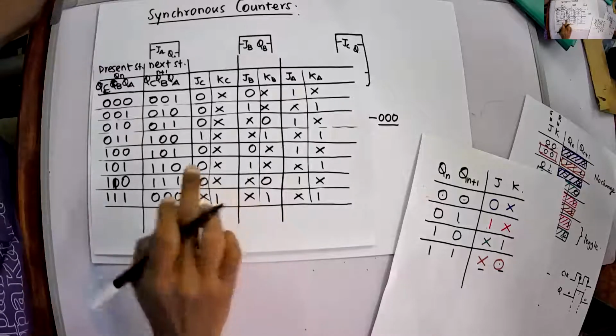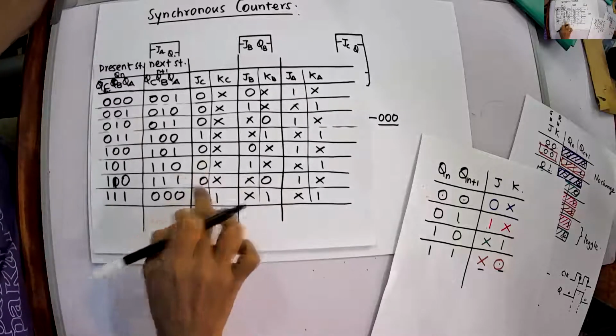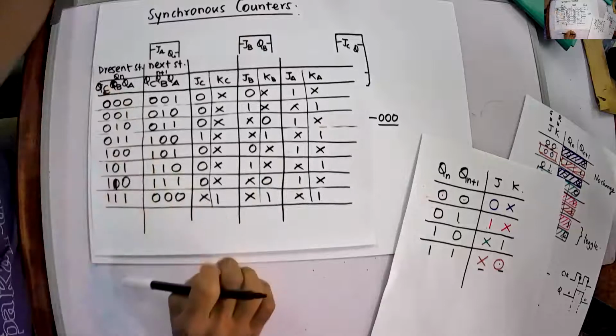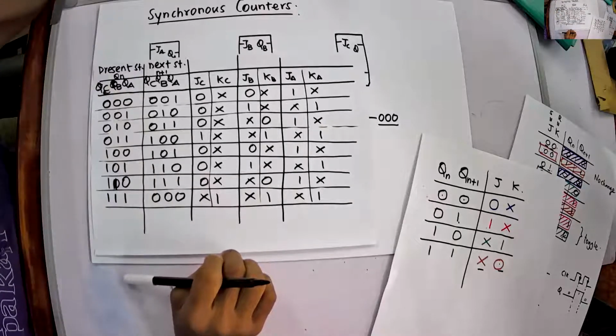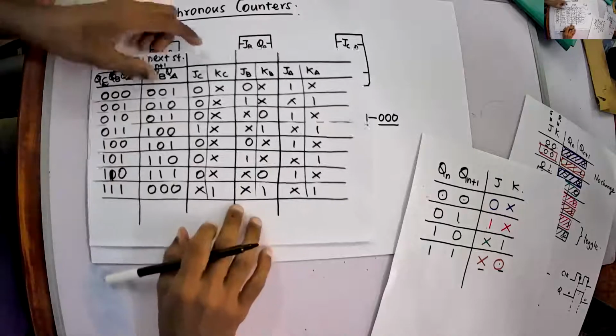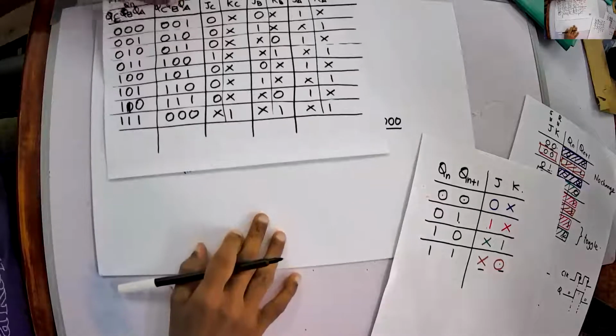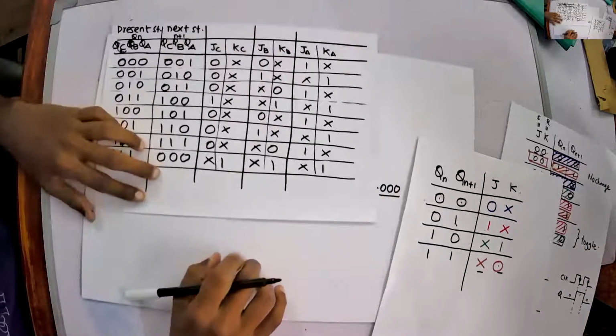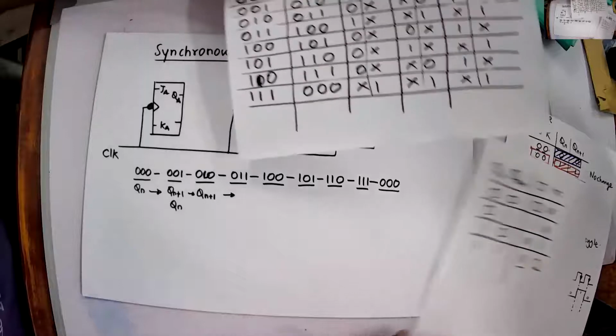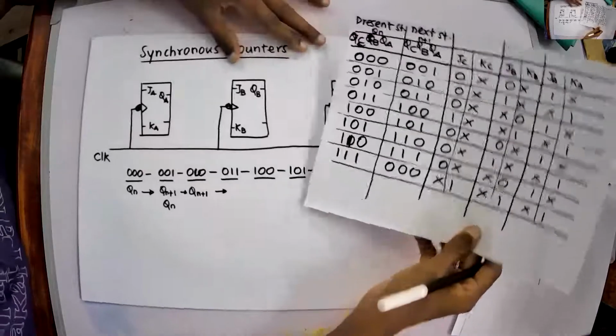Right, now you have to solve them in terms of Qn. Now we can solve them one by one. Either you can use K-map or you can use simple Boolean equations. We'll use K-maps.